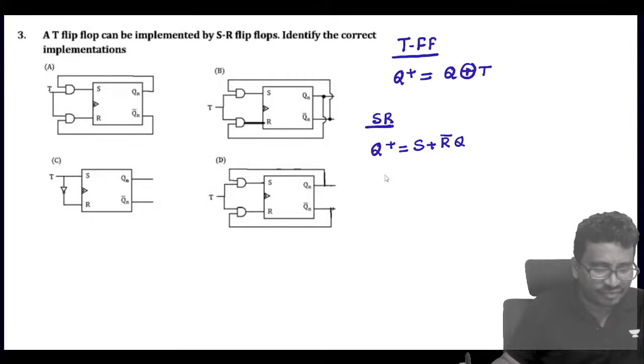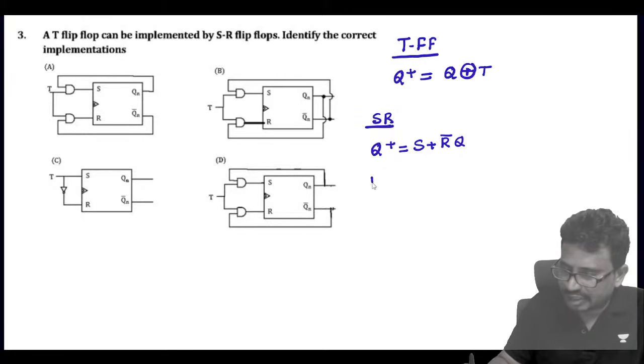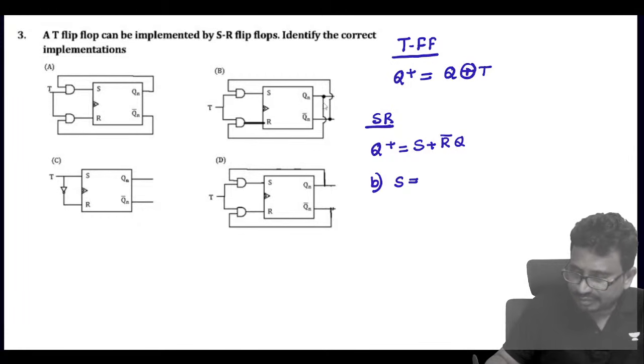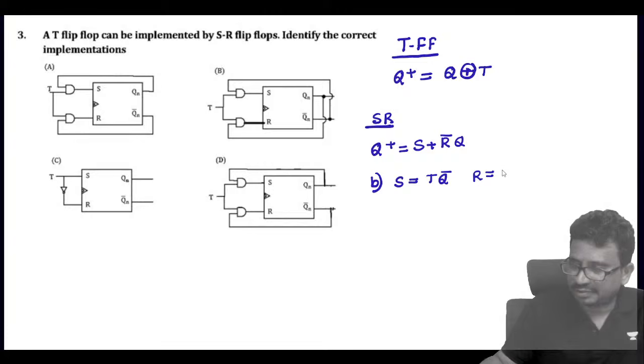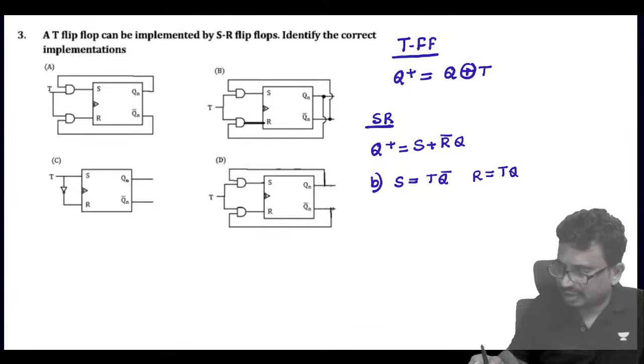If I verify from the options, I am considering option B. S is equal to T Q bar, and R is equal to T Q. Place them in this equation.